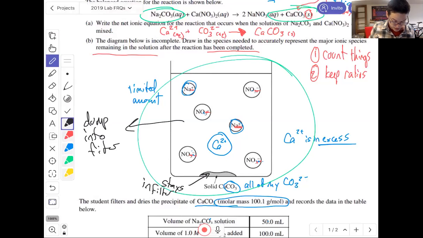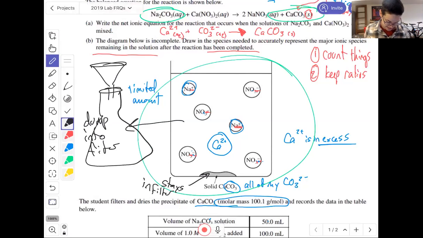For us, we used a poor man's funnel, and then we had the flask like this. So the solid ends up in the filter, and the solution behind it is what has all the ions and stuff in it.